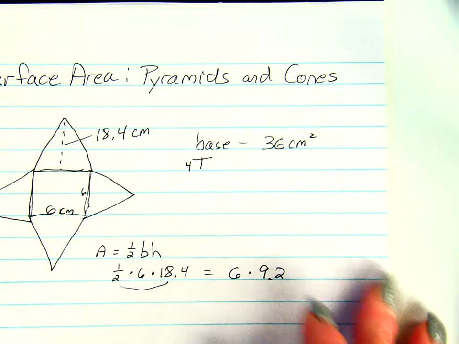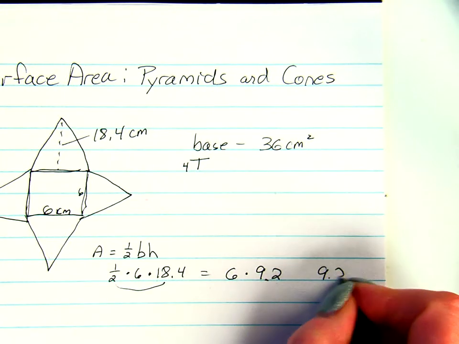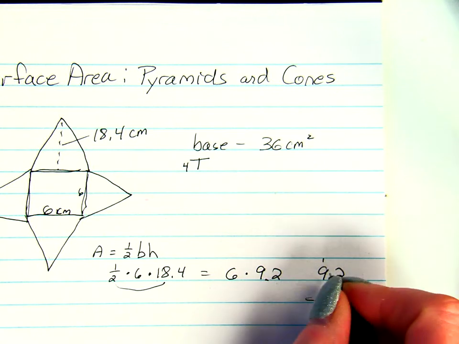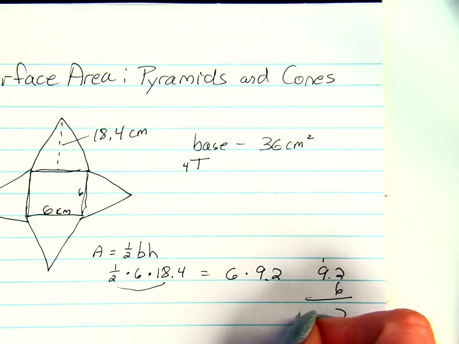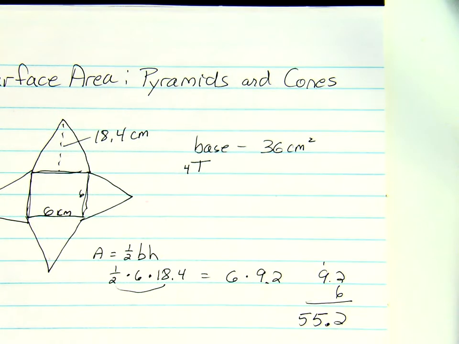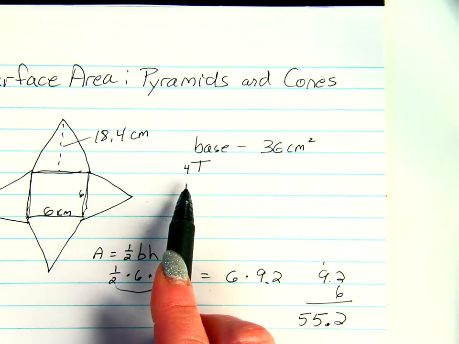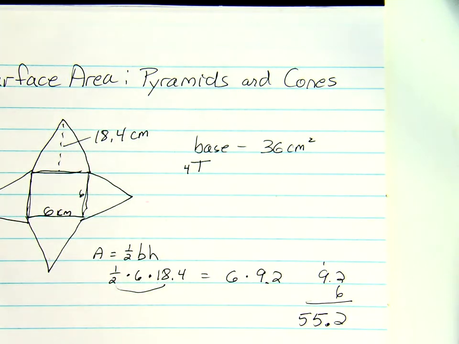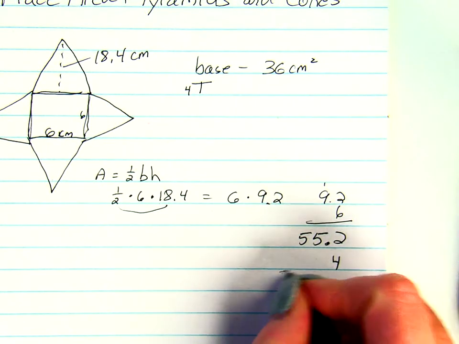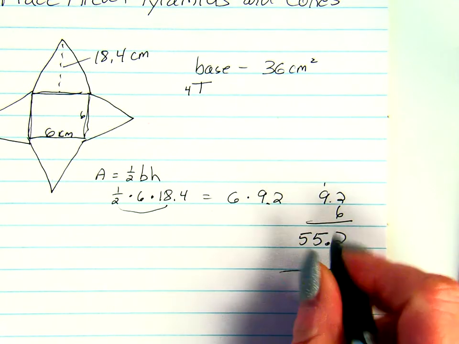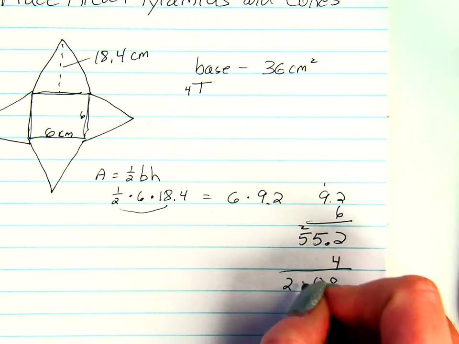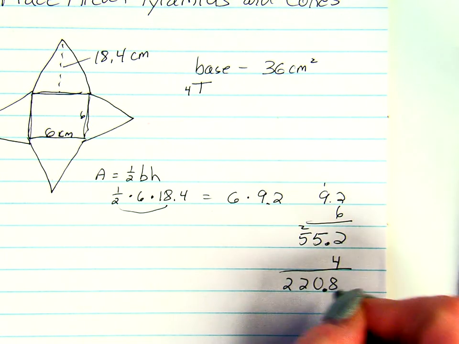Okay, so I'm going to go ahead and do that math. 9.2 times 6, we get 55.2. Now, I have 4 triangles that are exactly like this. So I'm going to just multiply this number times 4. 4 times 55.2 gives us 220.8.